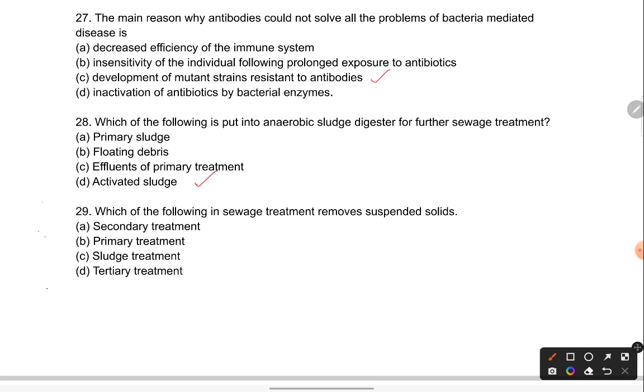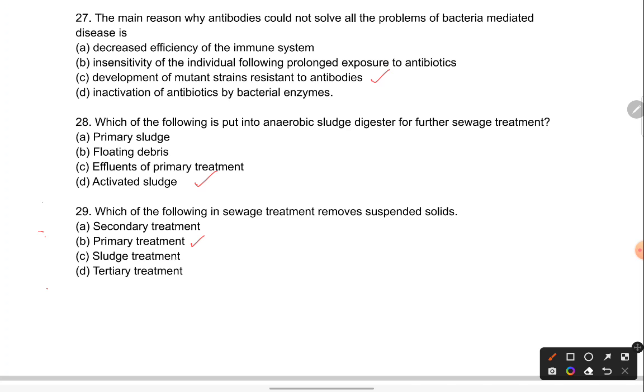Which of the following in sewage treatment removes suspended solids? The suspended solids can be removed in the first step itself, and that is the primary treatment. In the secondary treatment, we are removing all the organic waste.